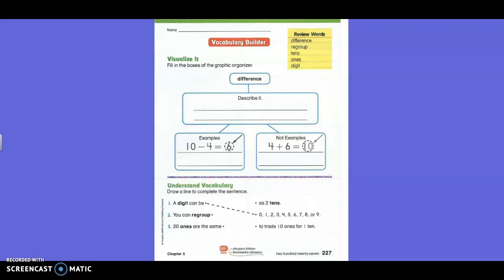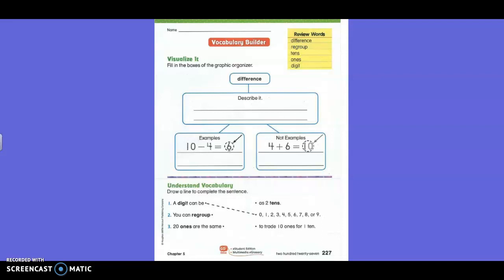Kason, come read what difference means. Okay, it's the answer of a subtraction problem. When it asks you to find the difference, it means find the answer to a subtraction problem.